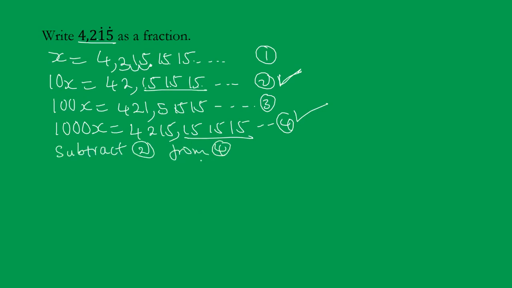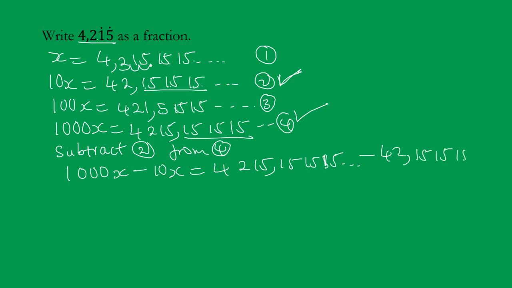So let's subtract equation 2 from equation 4. Say 1000x minus equation 2, 10x is equal to 4,215,151515 minus 42,151515. 4,215 minus 42 is 4,173, and then here 1000x minus 10x is 990x.